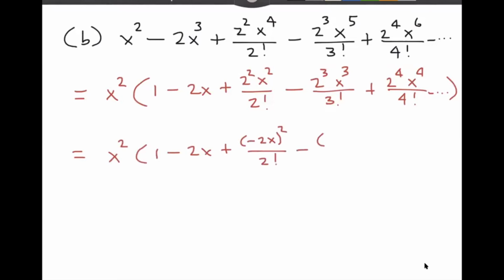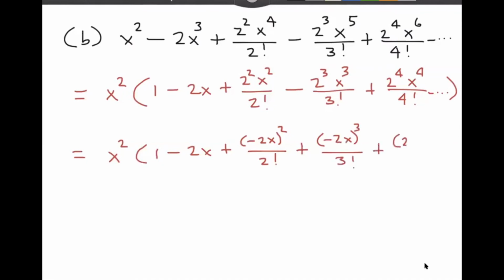All of the even degree terms are plus and all of the odd degree terms are minus.